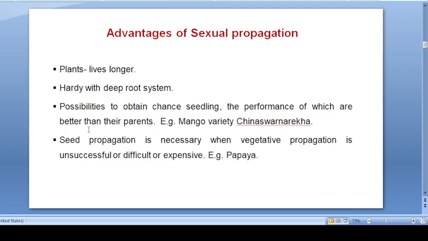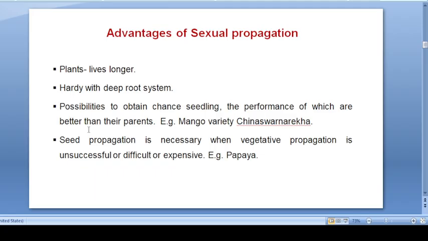And Chinna Swarnarekha is also one best example. So there is an advantage of seed propagation in horticulture crops, especially fruit crops, to develop, identify or popularize the chance seedlings.